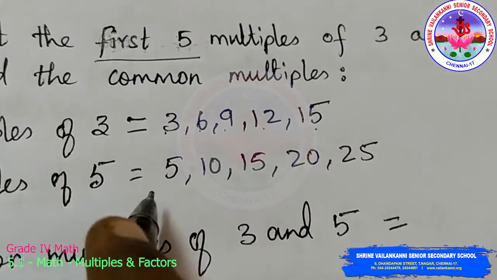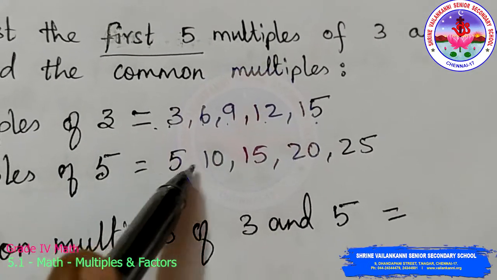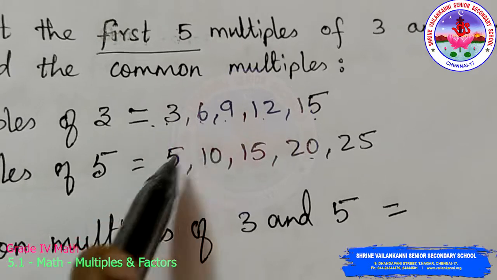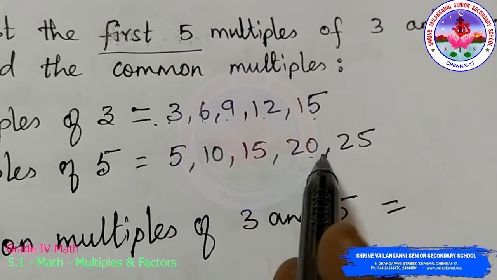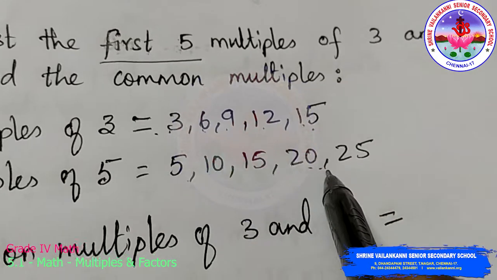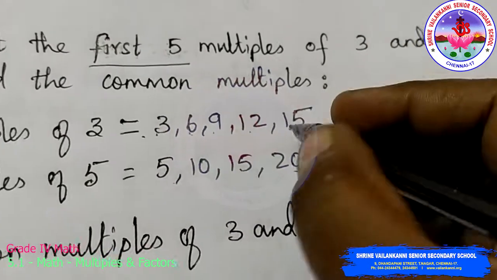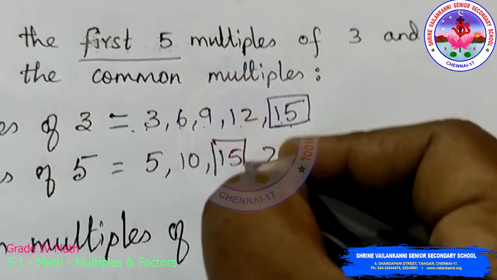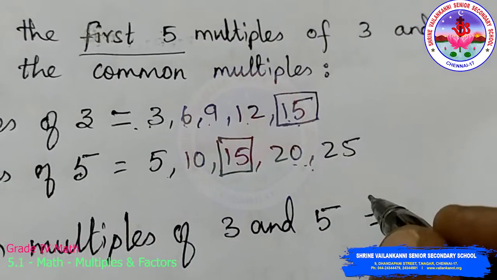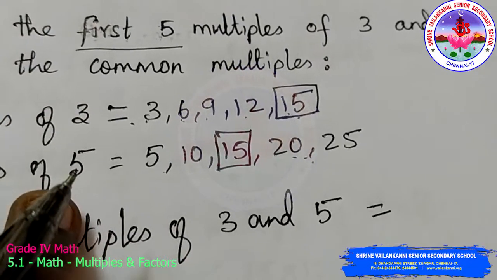Now you have to compare. 3, there is 3, no. 6, no. 9, no. 12, no. 15, yes.